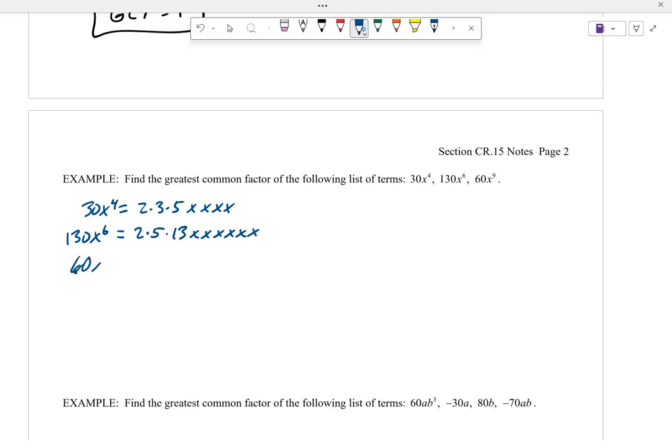60x to the 9th. 60, I've got 6 times 10, so I've got 2. All right, so it looks like our GCF here, they all have a 2.